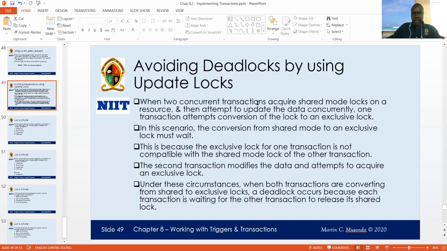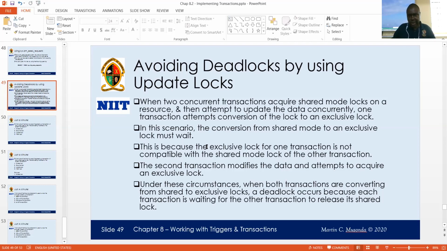The last one is to avoid deadlocks by using update locks. When two concurrent transactions acquire shared mode locks on a resource and then attempt to update the data concurrently, one transaction attempts conversion of the lock to an exclusive lock. In this scenario, the conversion from the shared mode to an exclusive lock must wait.